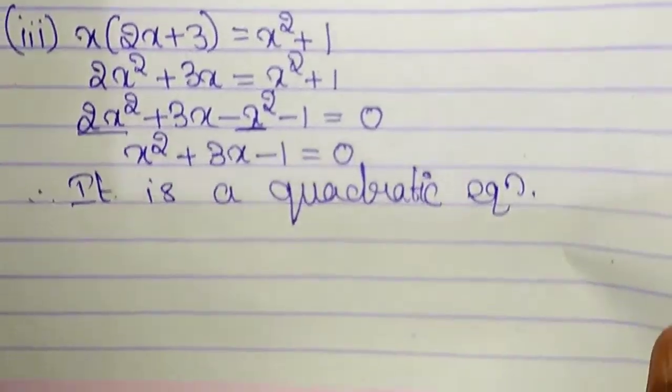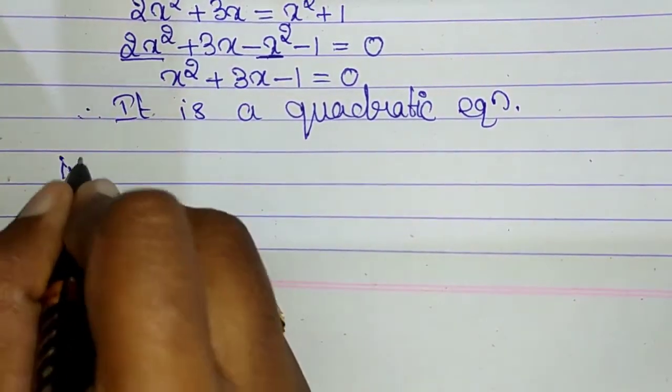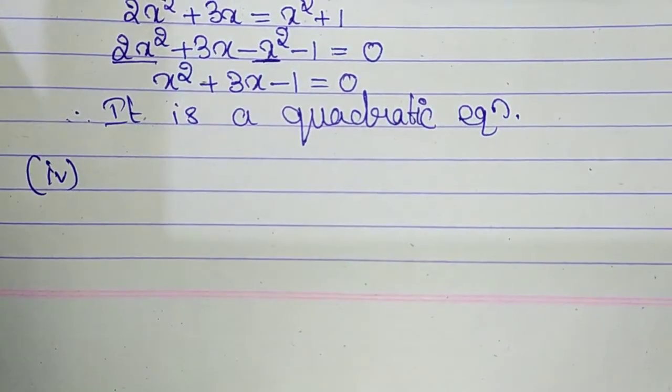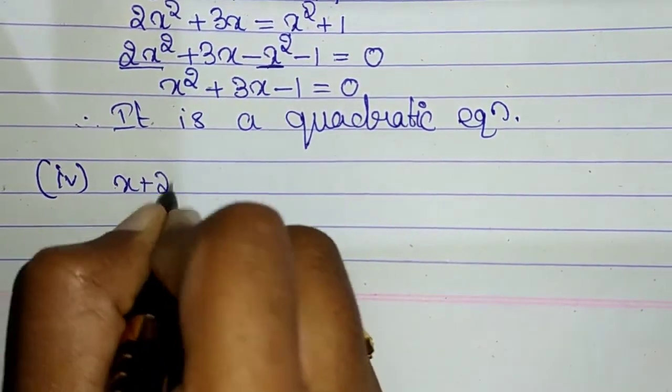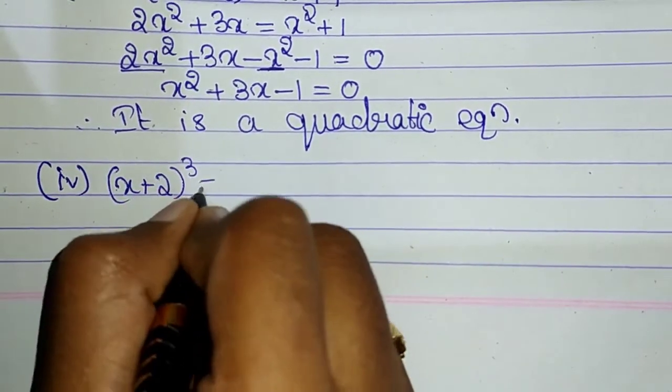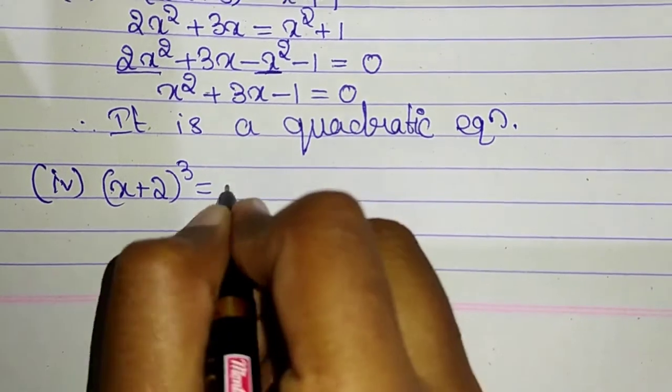And the last equation given to you in the example is the fourth one, (x + 2)^3 = x^3 - 4.